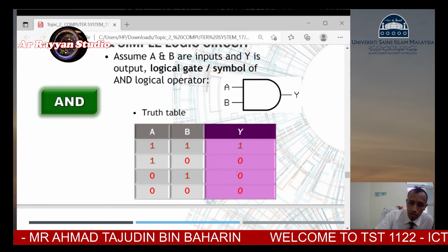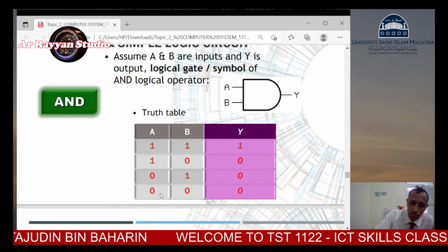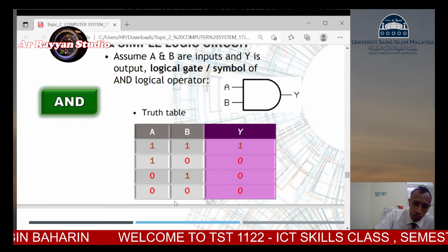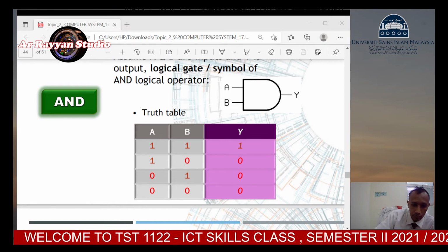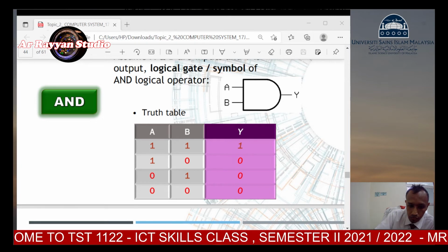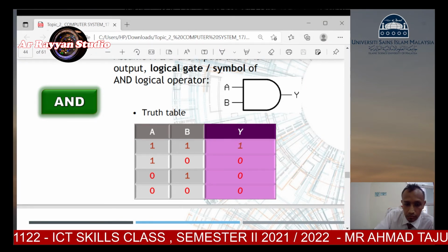So become 1000. Kenapa kita gunakan 1100? Kenapa tak 1010? Boleh tak? Nanti result dia sama.